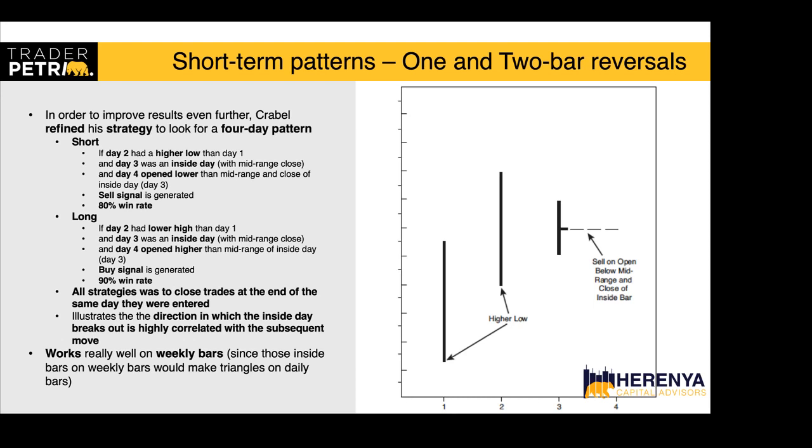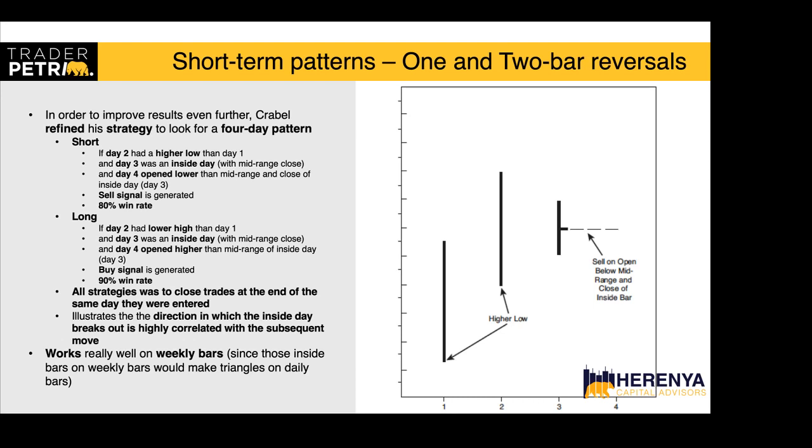With his strategy, he was closing the trades on the same day, so that was purely day trades. But again, he stressed, like other analysts, that this works on weekly bars. On weekly bars, you have two bars making up the formation, the initial week and then the inside week. That would be 2 weeks' worth of data, so that is a triangle on a daily chart.